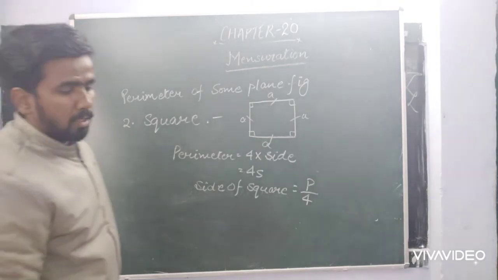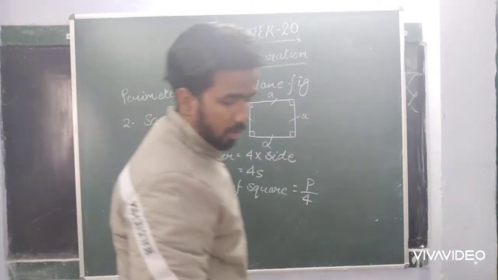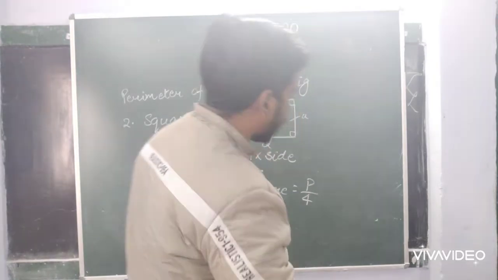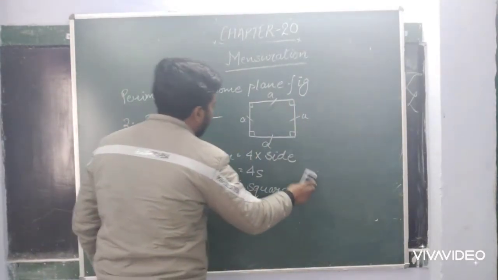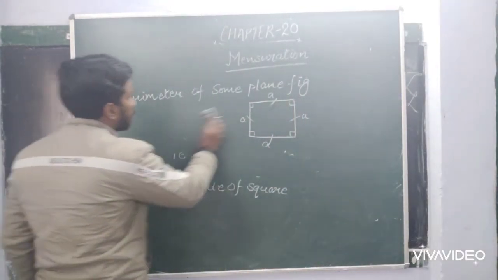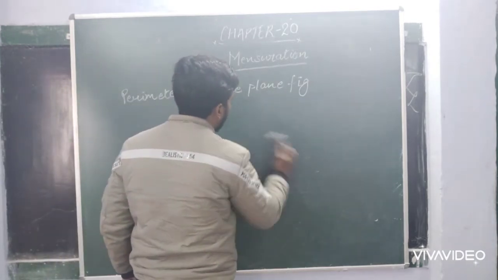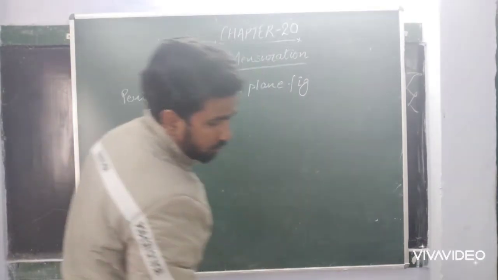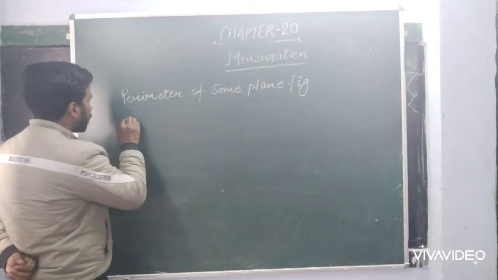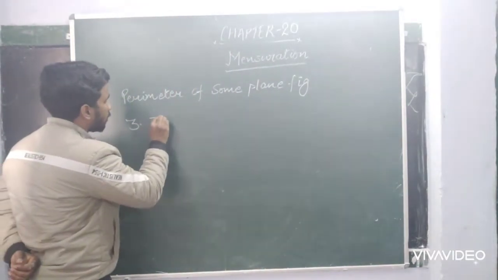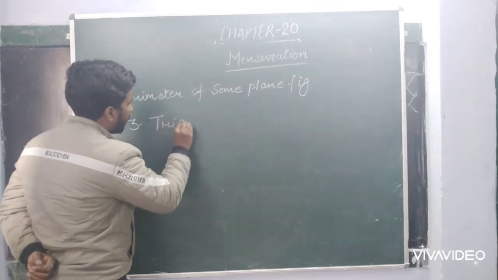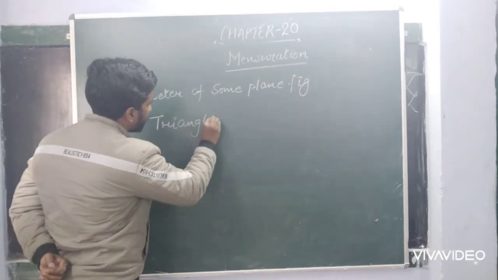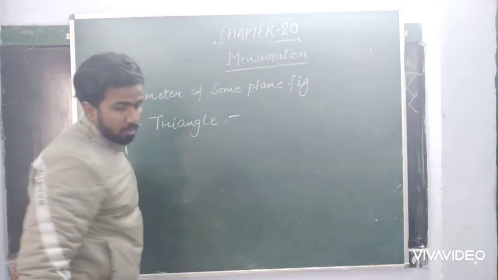Okay, now the third figure is the triangle. Third figure is triangle, and after that is the last. So your third is triangle.